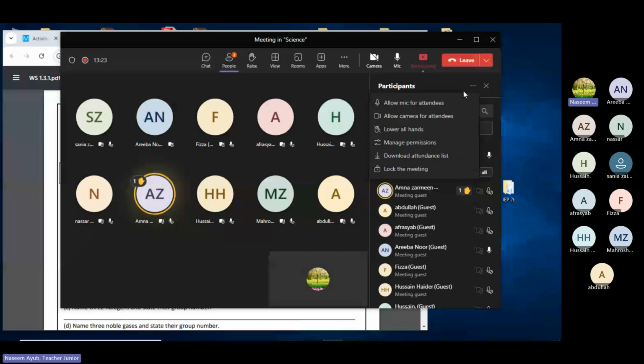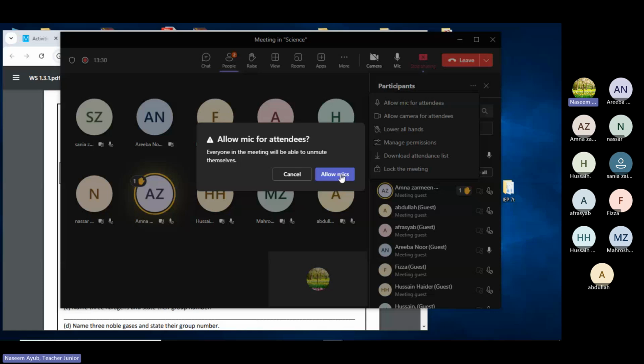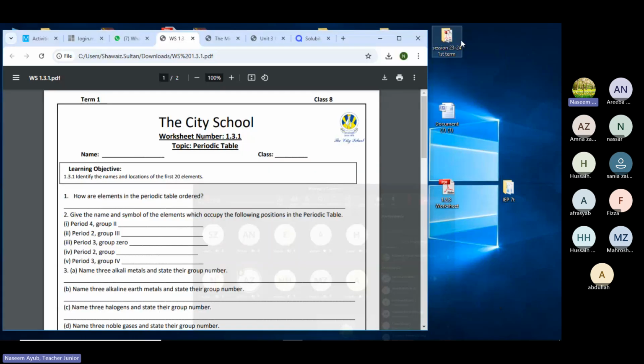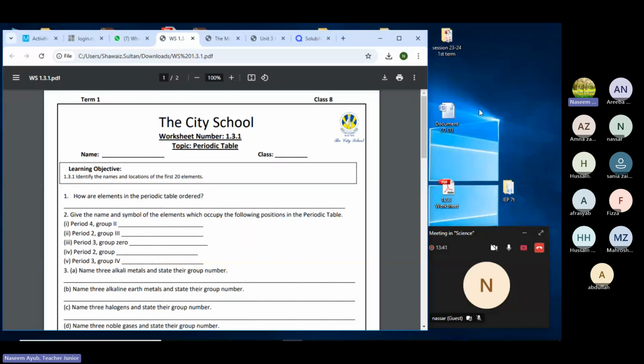Acha, all right. Beta, again, I'm allowing all of you, but please don't create a disturbance. To whom I don't take the name, they are not allowed to unmute and create a disturbance, please. Okay, Amna, you were raising your hand. You want to share the answer? Which of the elements is in period 2 and group 3? Ma'am, boron. All right, boron.